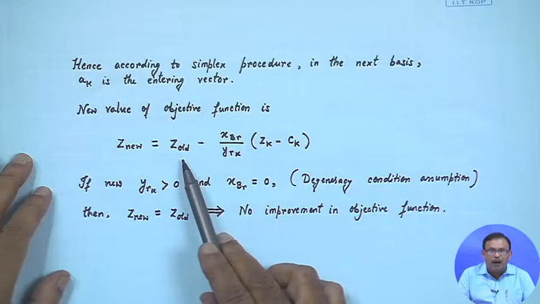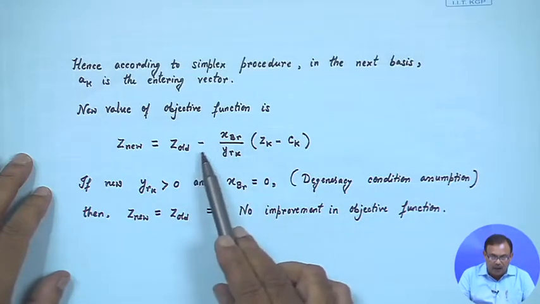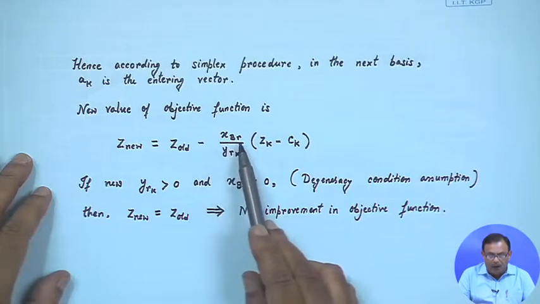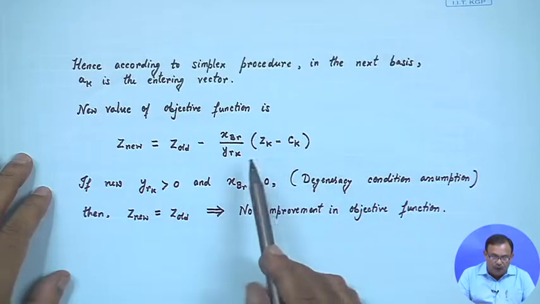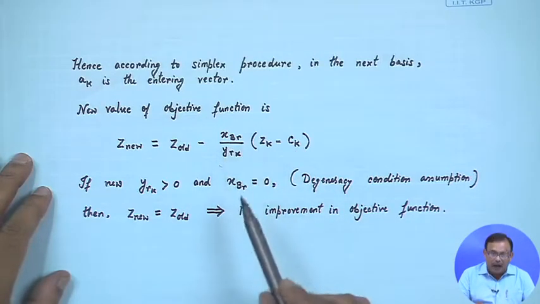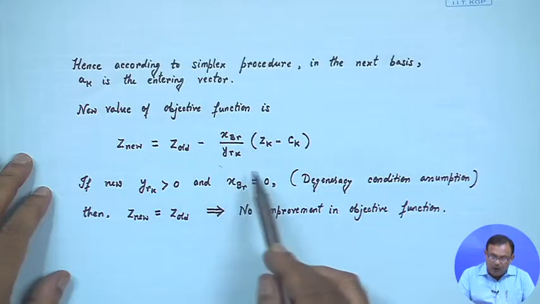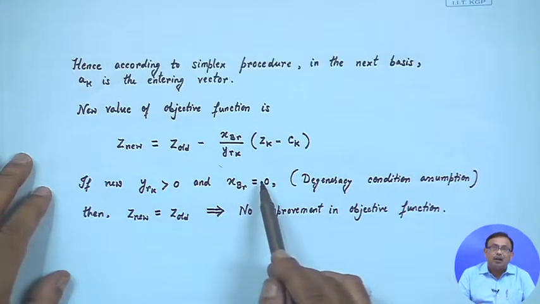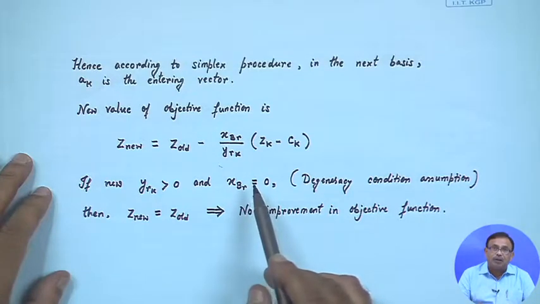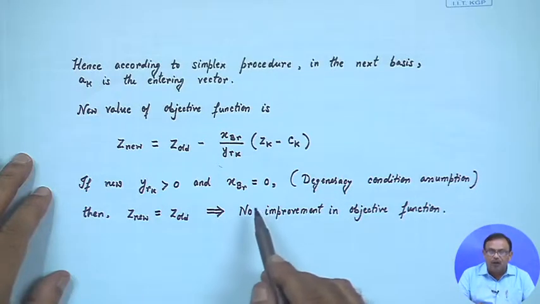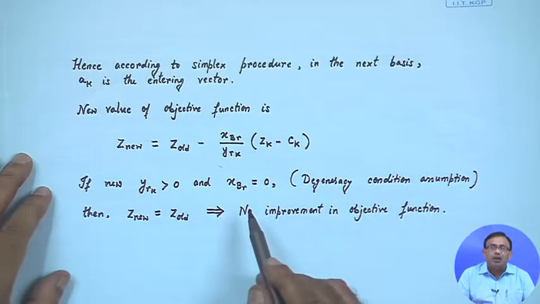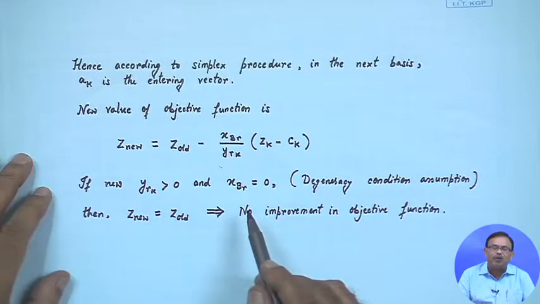Note this one, the old value, the iterative value, will be changing: Z old minus xBr by yrk into zk minus ck. Now, if yrk is greater than 0 and xBr is equal to 0, xBr means the element which is in the basis is 0, because we have assumed that whenever degeneracy occurs in the basic feasible solution, you have one basic vector whose value is 0.